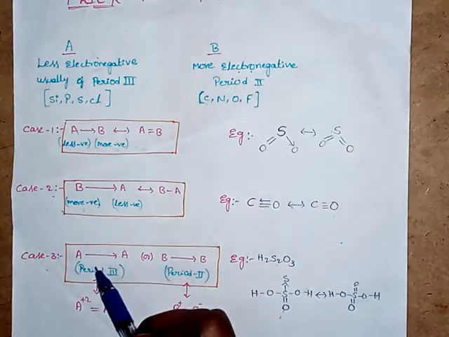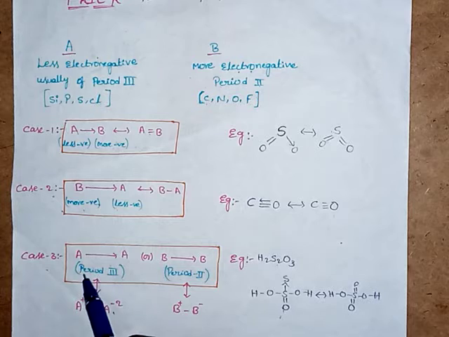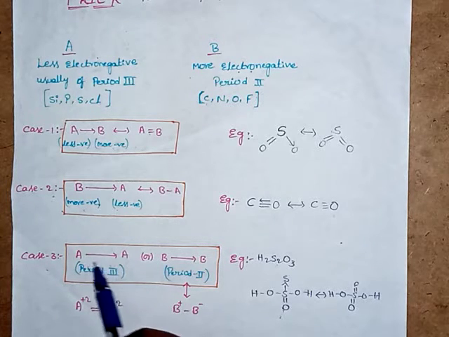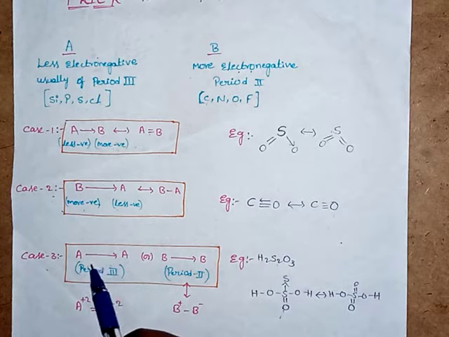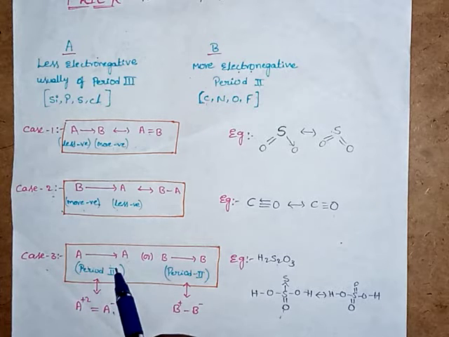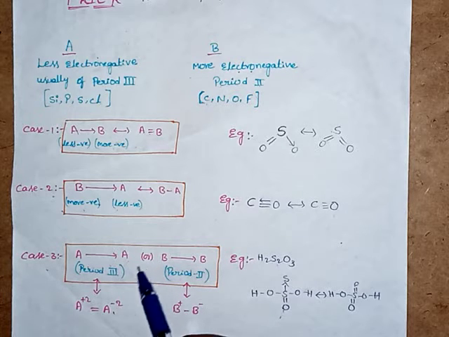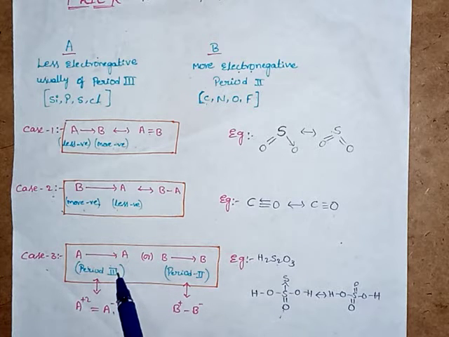We have a third case where the atoms have the same electronegativity. The atoms of same electronegativity donate the electron pair to the vacant orbital of another atom.